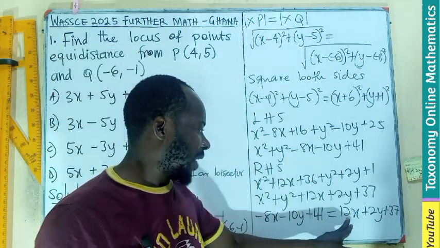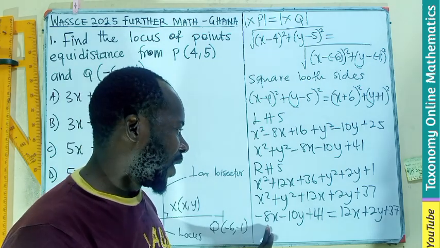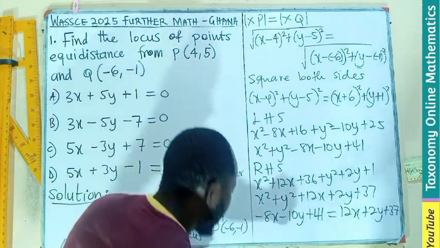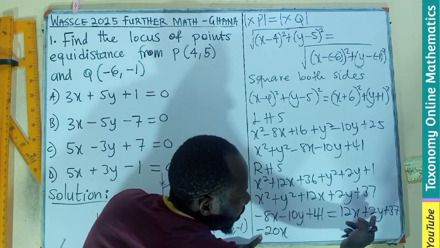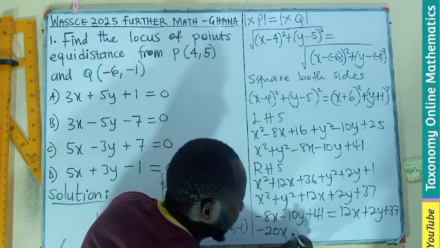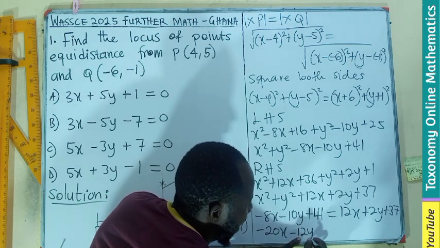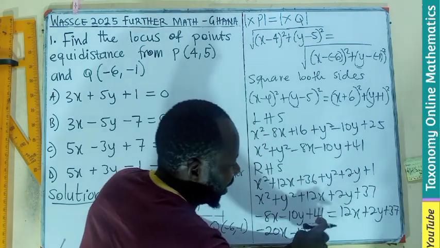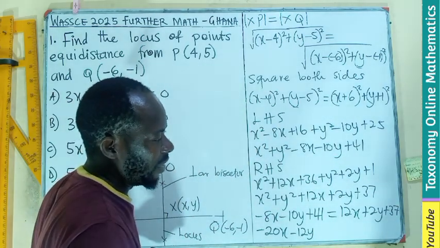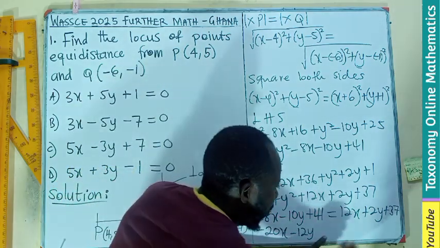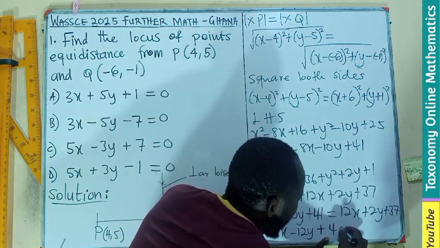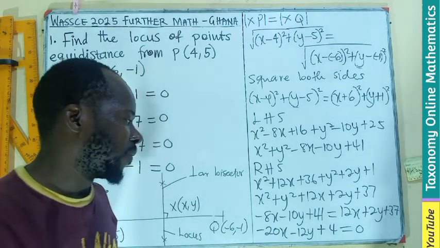I am bringing this to come here, that will give you minus 20x. This is coming here as minus 12y. This is coming here as minus, what will that be? That will be 4, so it comes here as plus 4, all equals 0.